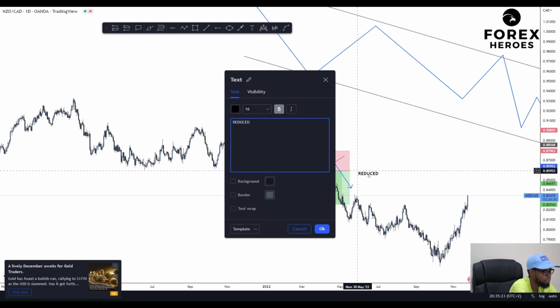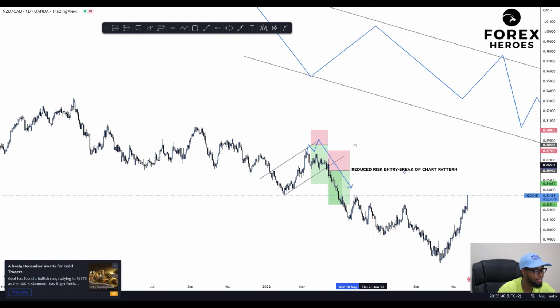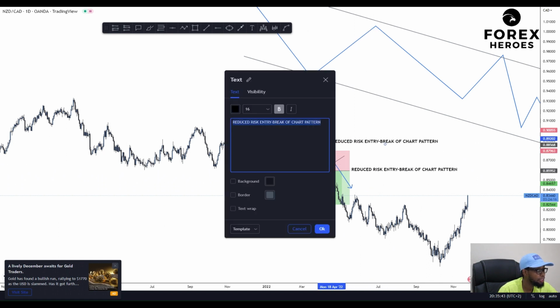Reduced risk entry. Where does it happen? At the break of the chart pattern. This is where it will happen. And then a risk entry happens before the break of the chart pattern.